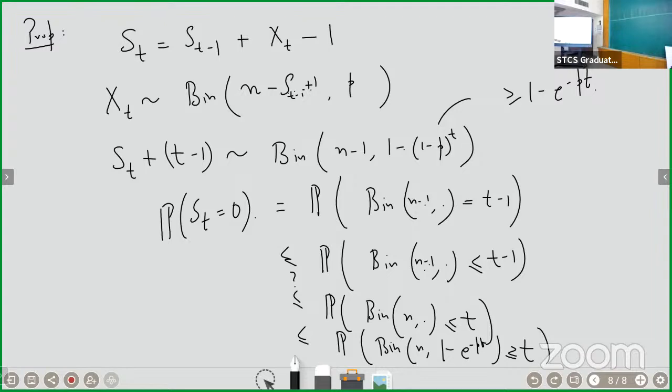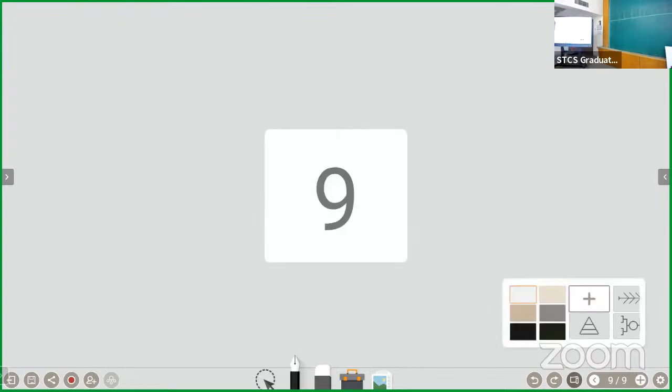Okay, now at this point I can do an exponential. e to the s times this is less than or equal to e to the minus s, by flipping the sign. So what I get is that this probability is at most e to the minus s.